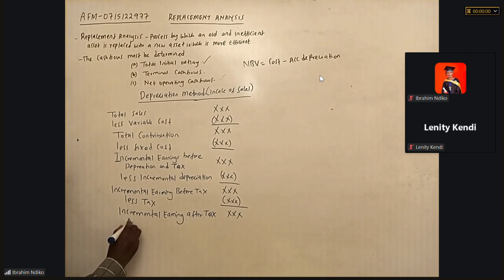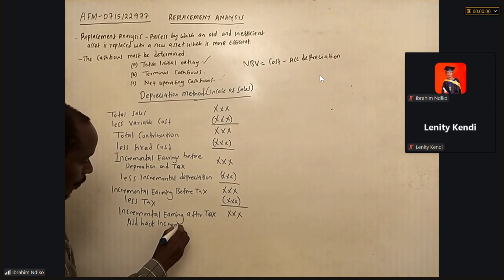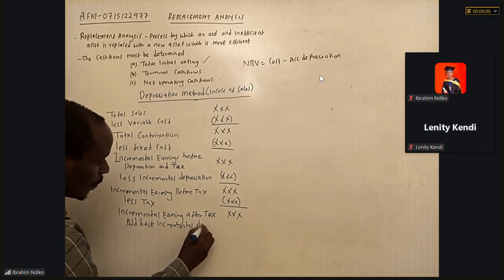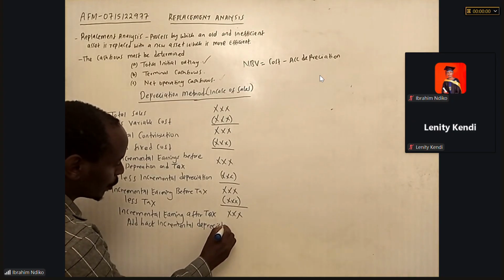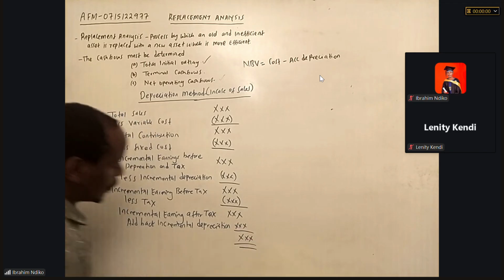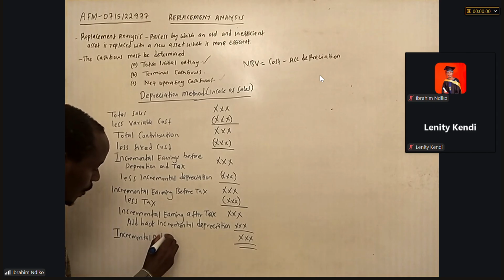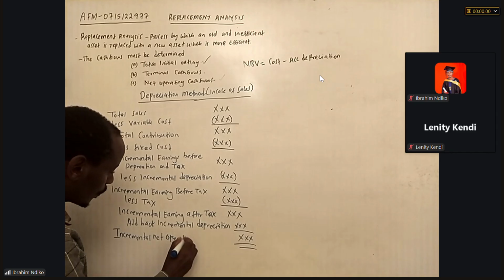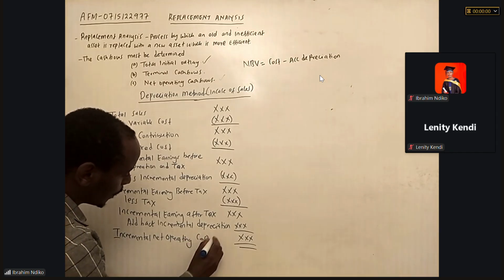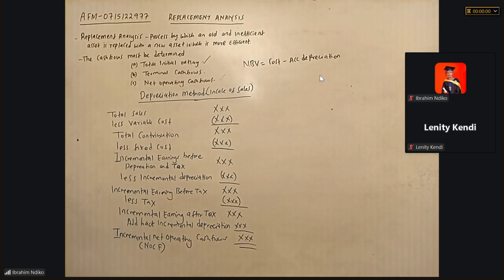Then we add back incremental depreciation, so that we can get our net. If it is replacement, that is the incremental net operating cash flows. That is NOCF, net operating cash flows.